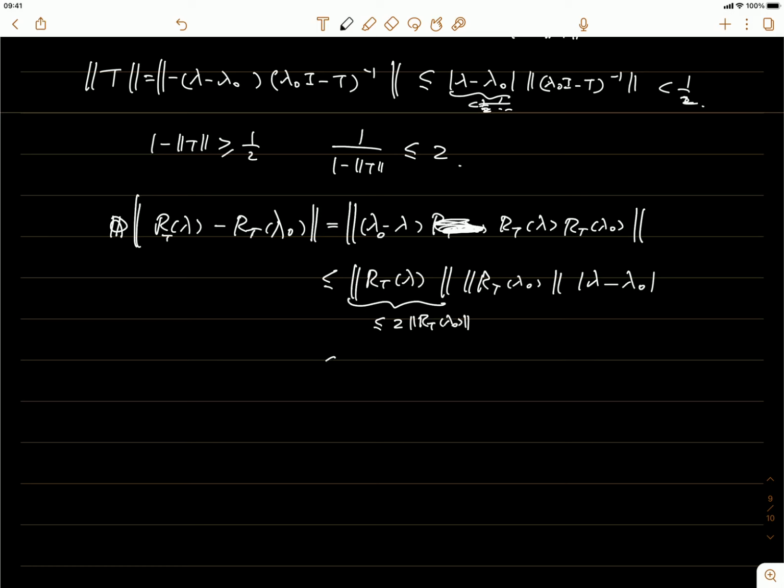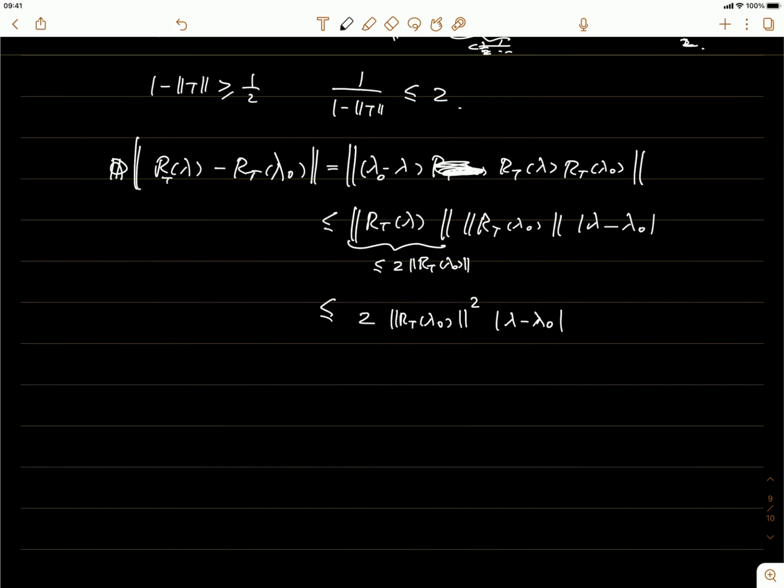So the whole thing will be less than or equal to 2 times the norm of RT lambda naught squared times the absolute value of lambda minus lambda naught. As you can see, this is independent of lambda. So I showed that when lambda is close enough to lambda naught, this is bounded by that. When lambda goes to lambda naught, the left-hand side goes to 0. That's why we say that the resolvent is continuous at lambda naught.